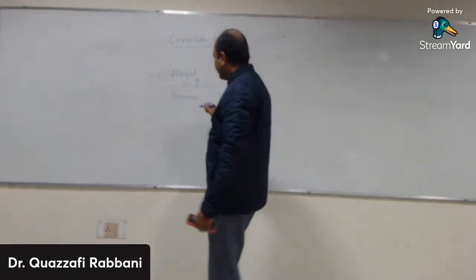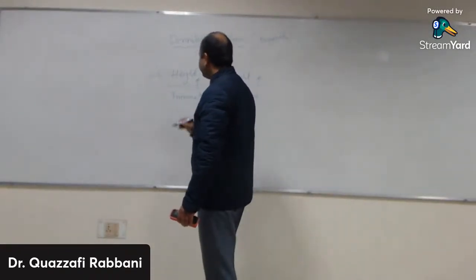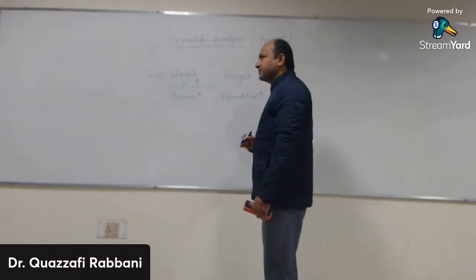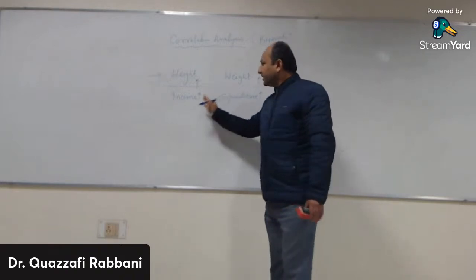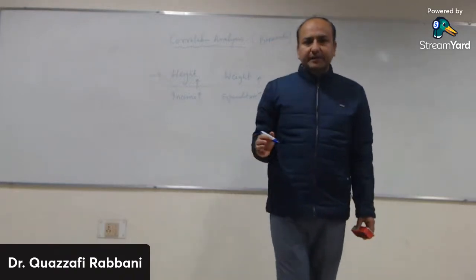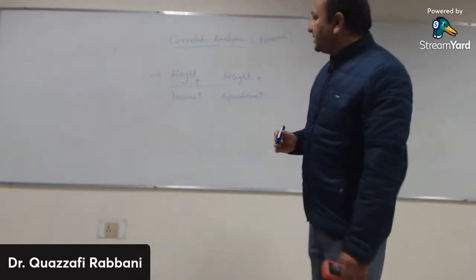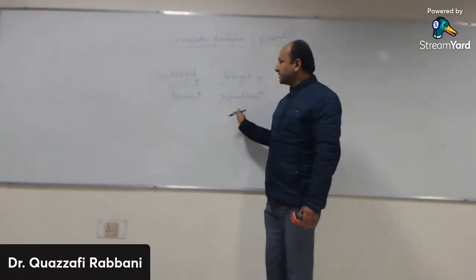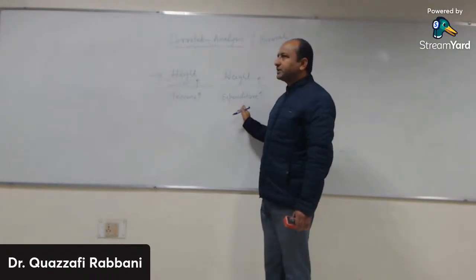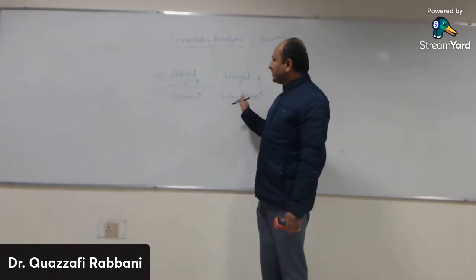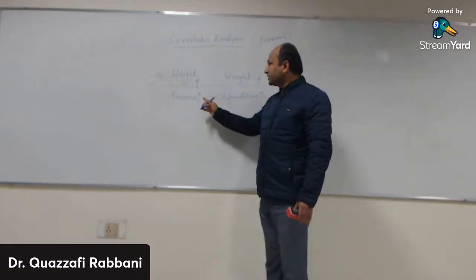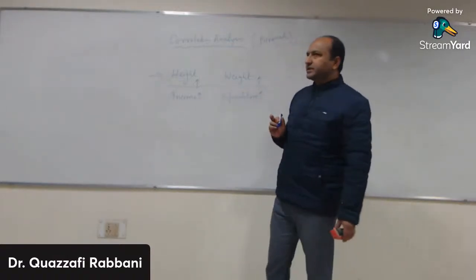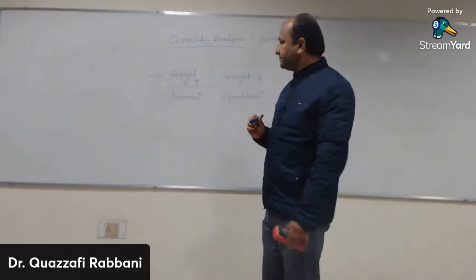If income increases, expenditure will also increase. Then we can say that these two variables, income and expenditure, are positively correlated because the directions are the same. So this is positive correlation.